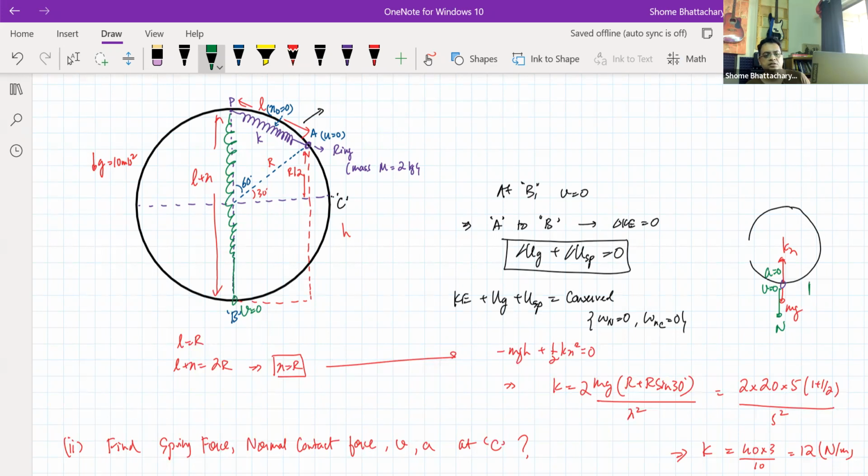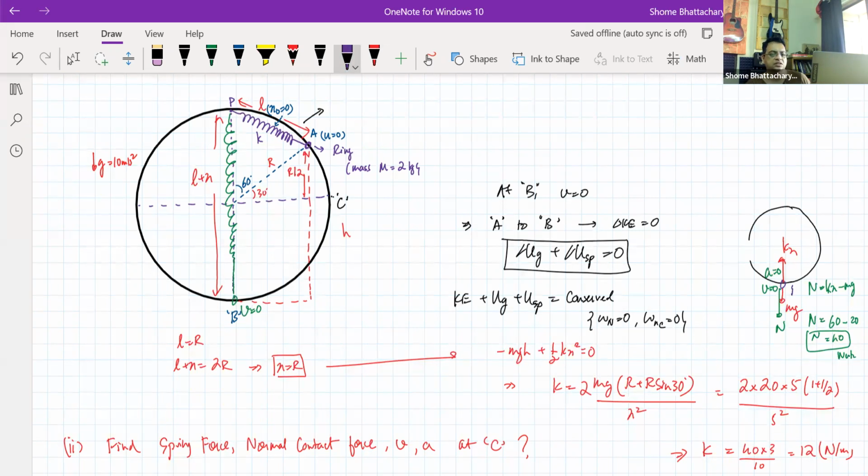So you'll have N equal to kx minus mg. Kx is 12 into 5, which is 60, and mg is 20. So there'll be a normal contact force of 40 newtons. But that is at the position B.